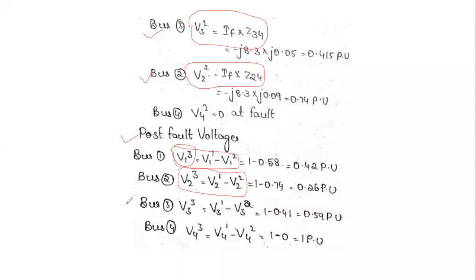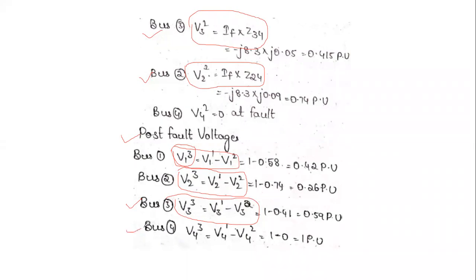Similarly for bus 3, V3 power 3 is equal to V3 power 1 minus V3 power 2, where V3 power 1 is the voltage at bus 3 during pre-fault condition and V3 power 2 is the voltage during the fault condition.